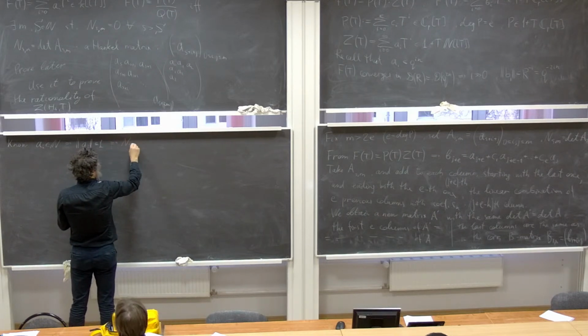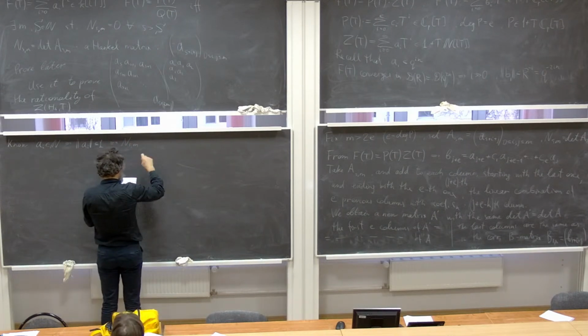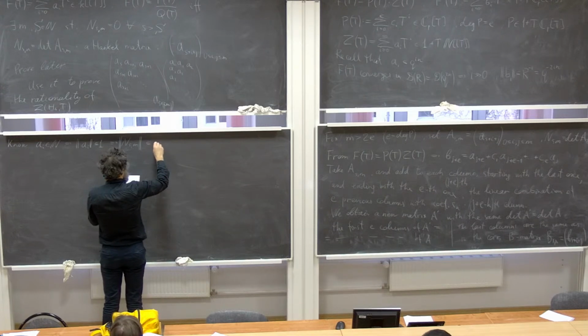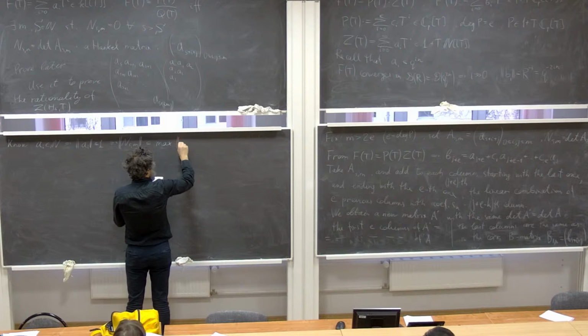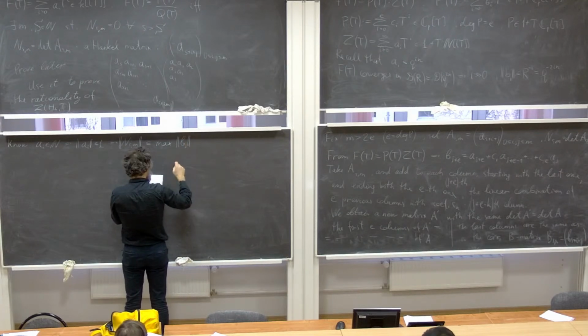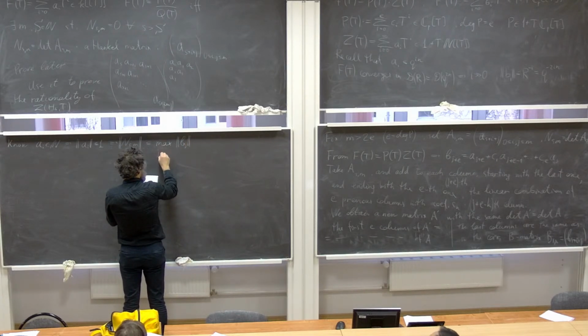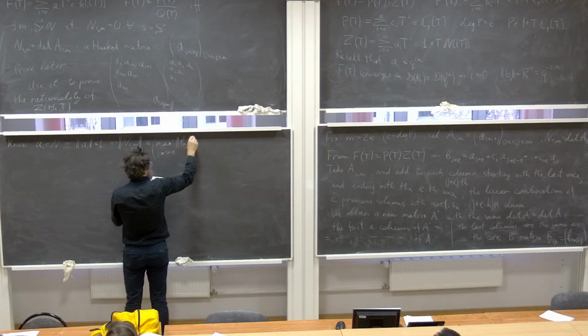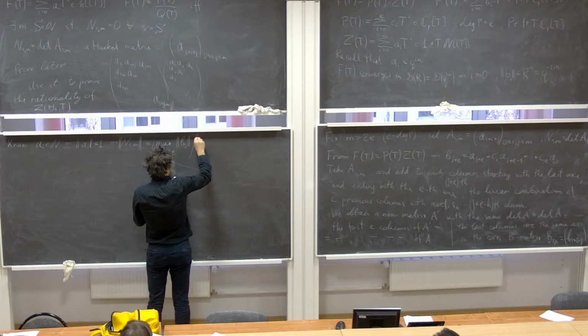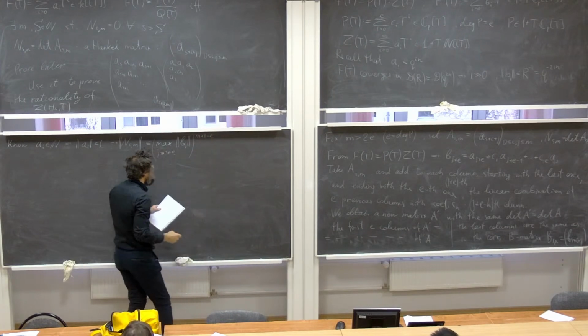And now the determinant value is at most the maximum of the value of b_j over j bigger than S plus e, to the power of m plus 1 minus e.